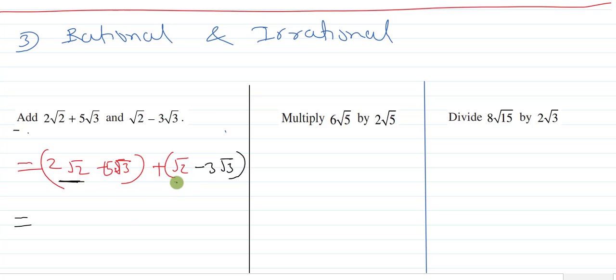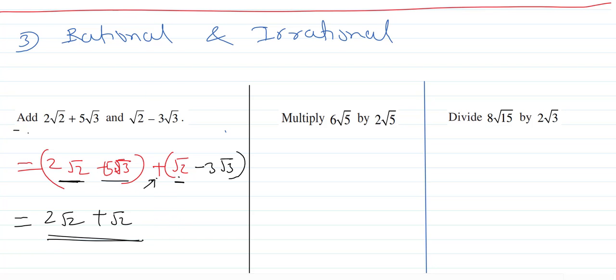Here root 2 term and root 2 term I will take nearby. Here positive sign is there, so sign will not be changed while taking outside the bracket. So 2 root 2, this will be plus root 2. Got this? I kept the similar terms nearby. Now this plus 5 root 3 minus 3 root 3. These are the similar terms.